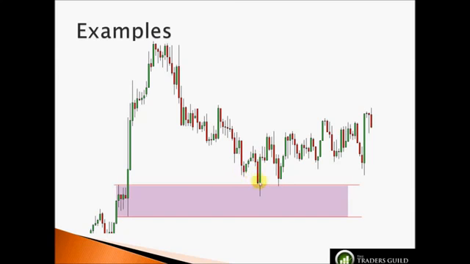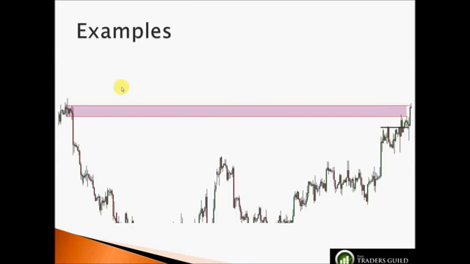Last example, this is rally-based drop, this is euro pound. Clear SD zone, clear strong breakout, arc-like return, and again you can see when price moves above this base that has formed, we have a very strong move in and a very strong move away.